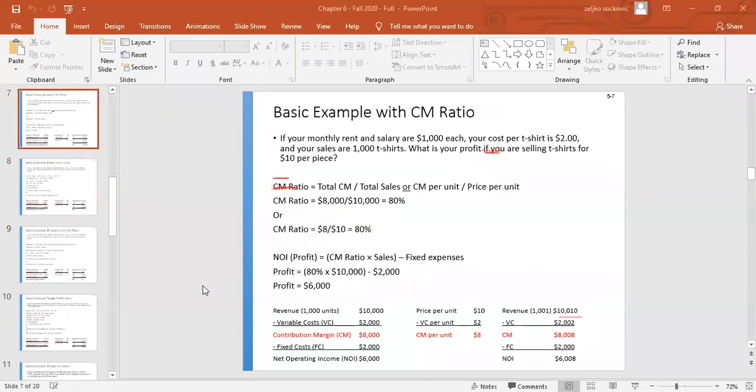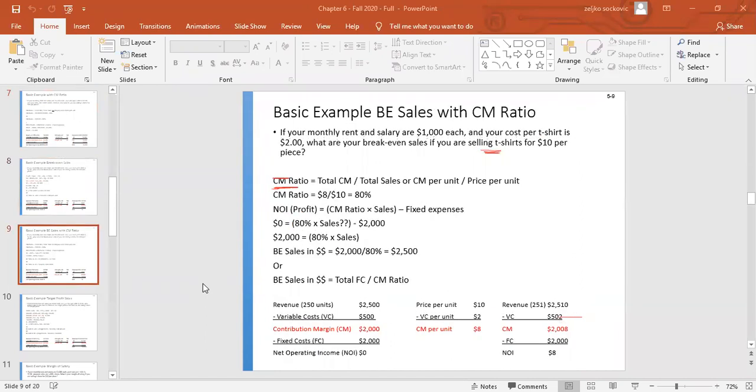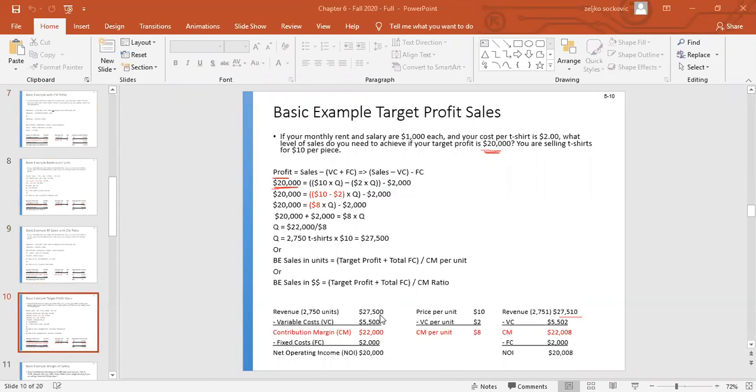Well, here it was 6, so to go up from 6 to 20, that was 14,000 profit, but we are looking for 20,000 profit. So from break even of 0, which was 2,500 in sales, we will need to go to 27,500 in sales. So that will be 22,000.